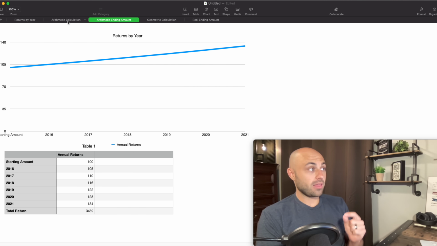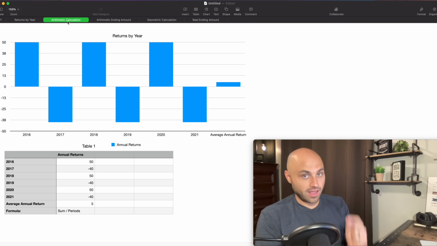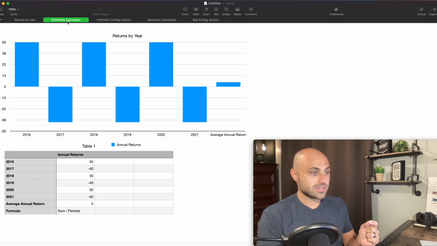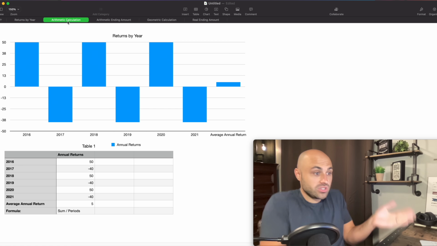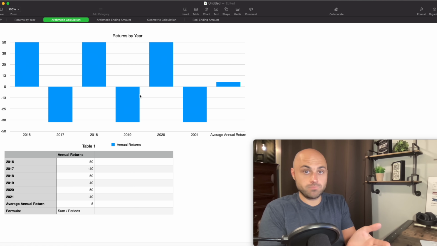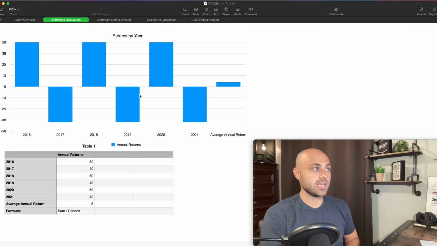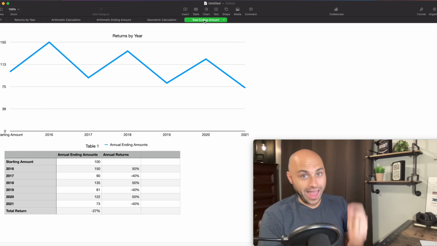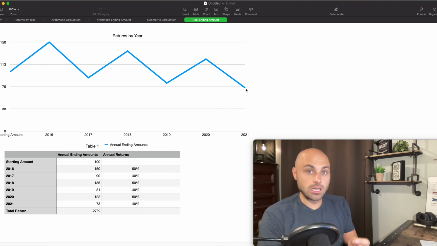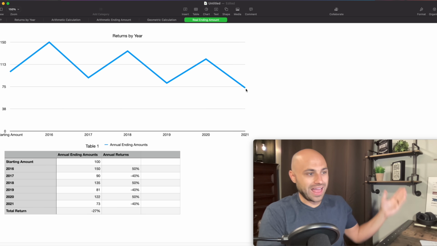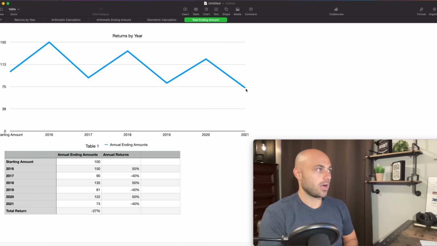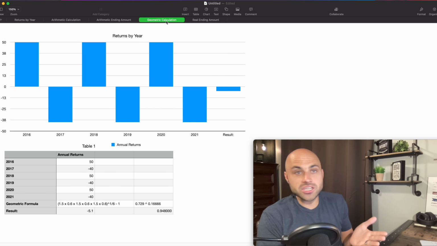That means that the arithmetic calculation of annual average returns is wrong, because it would suggest that you made money, that you made 5% every year, when in fact, you ended those 6 periods with a lower amount than what you started with. And if you continue this, you'll asymptotically approach 0. Now, you might ask, well, what's the calculation for that?